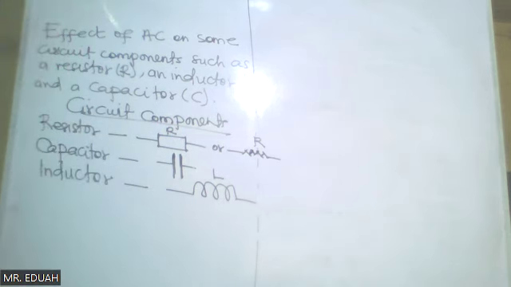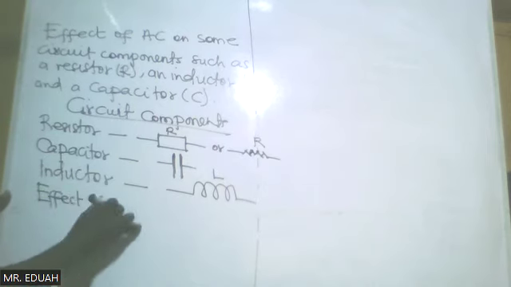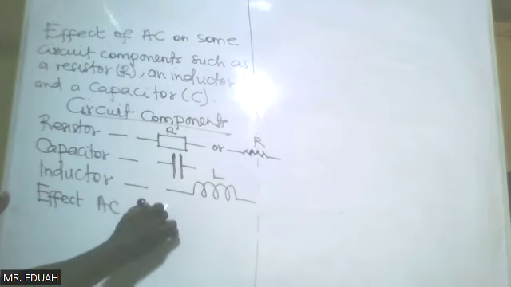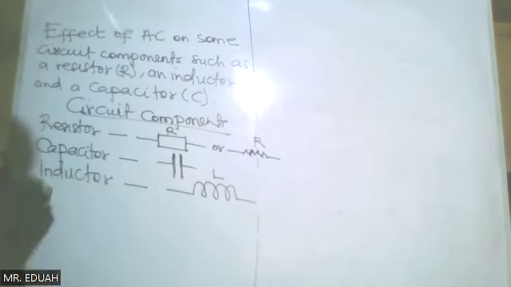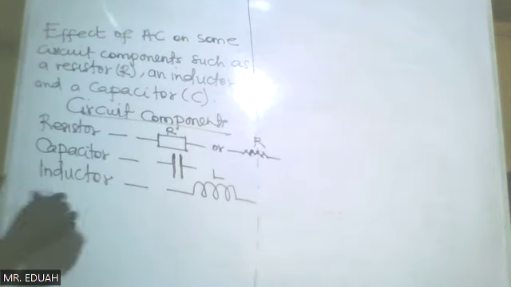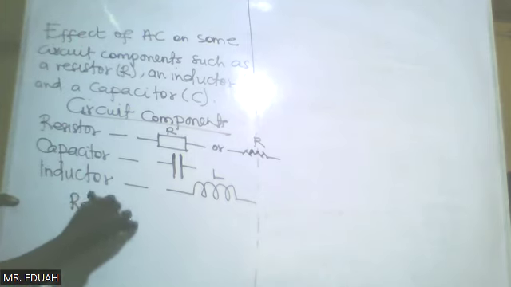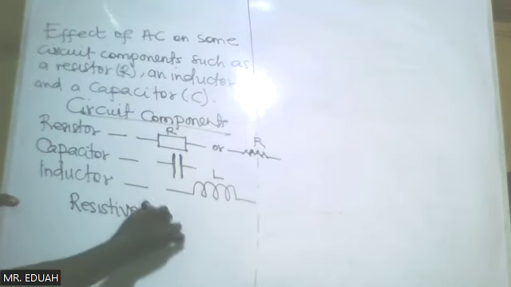All right. Now let's begin with a resistor. So effects of AC on a resistor. We call this a resistive component.